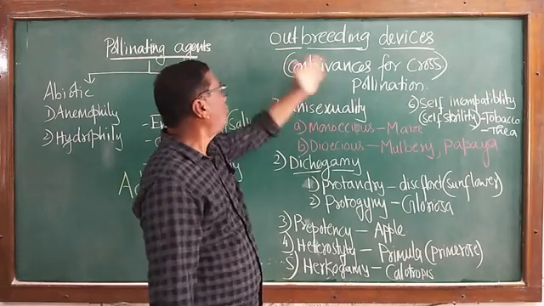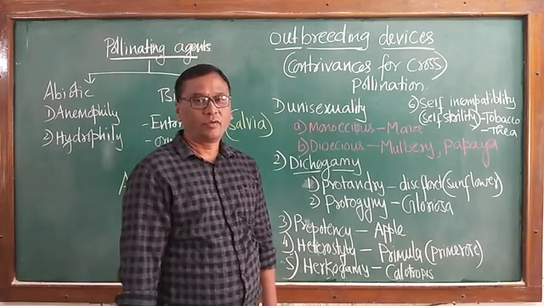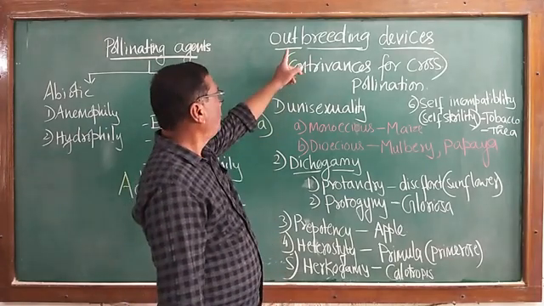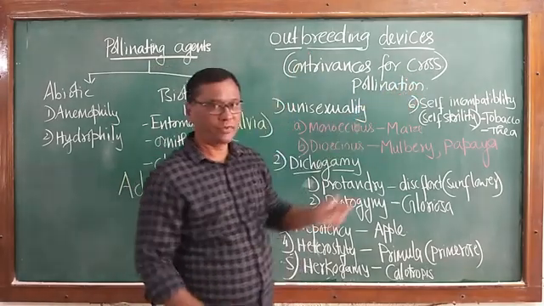Here we study outbreeding devices. What is an outbreeding device? It means that we are studying something with reference to cross-pollination.